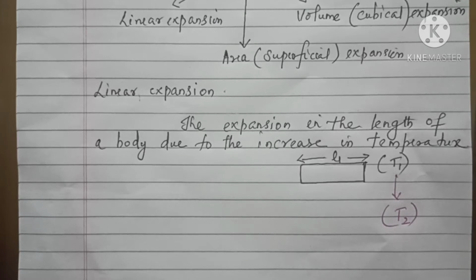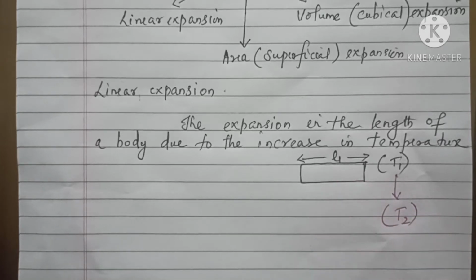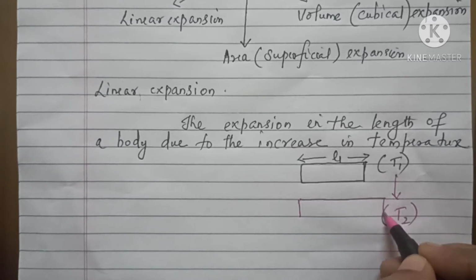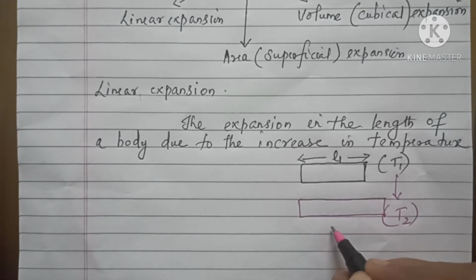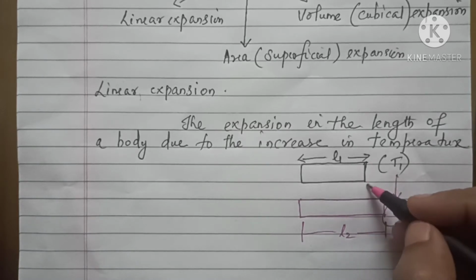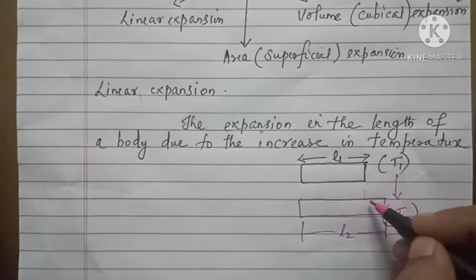At that time what happened? Yes, there is increase in the length. So this length L1 changed to L2. Length increased, total length is taken as L2. When you check these two, you can see there is this much increase, isn't it?